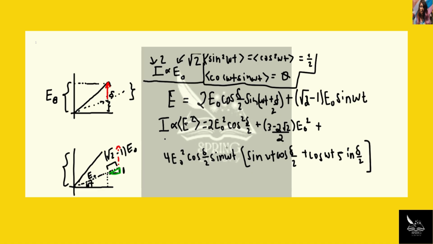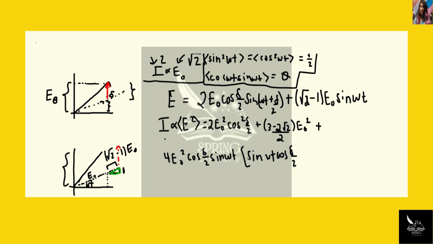Great. If you are imagining foiling these out, you're going to multiply a sine omega t against a cosine, and that's going to kill this term, because remember that the time average of sine omega t cosine omega t is 0. So we can just kill this term, and I'm just going to erase it, again because I really don't want to use another page. Hopefully I don't have to.